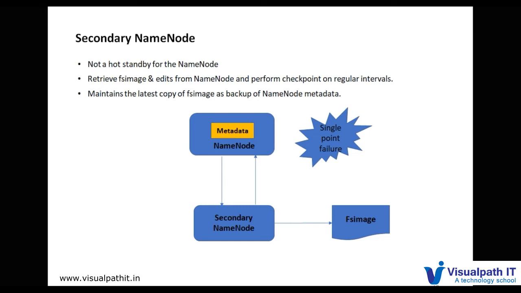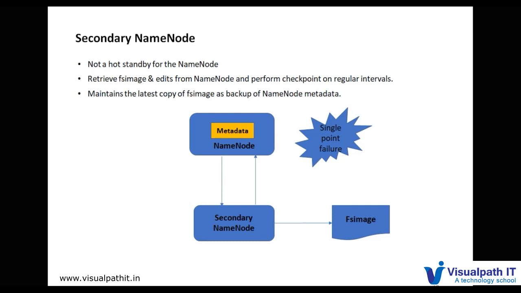It is only for storing a copy of metadata. The usage of secondary name node in Hadoop 1x is to store one more extra copy of the metadata. One copy is available in the name node, another copy in the secondary name node. That is the only use of the secondary name node in Hadoop 1x.